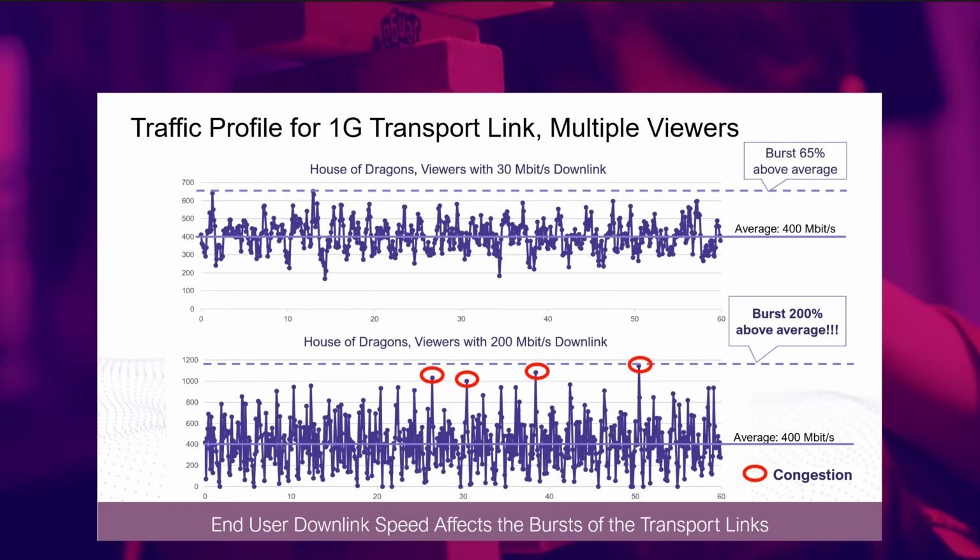So when they start consuming video, you are going to be moving more and more from the upper graph to the lower, with more and more very aggressive bursts. And that is what is degrading the quality in your network.